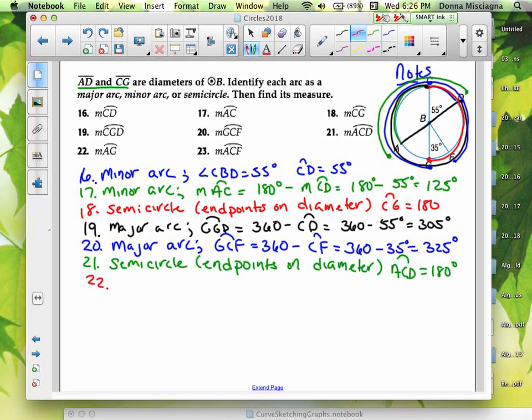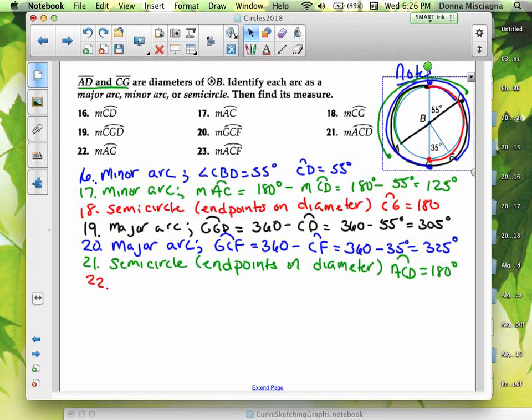AG. AG is somewhere. I've drawn over this so many times now. I don't remember which one is G. I think it's that one hiding right here. I'm just going to look at your notes because I still have it in your notes. Yes, that is G. So let's label that G because I can no longer see that.